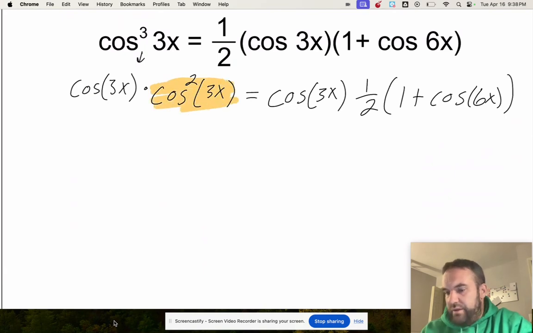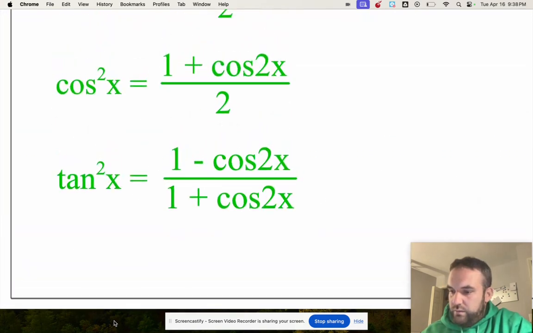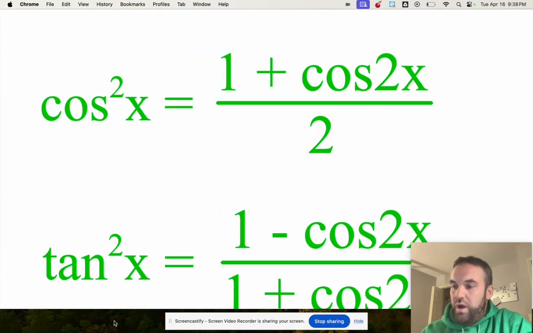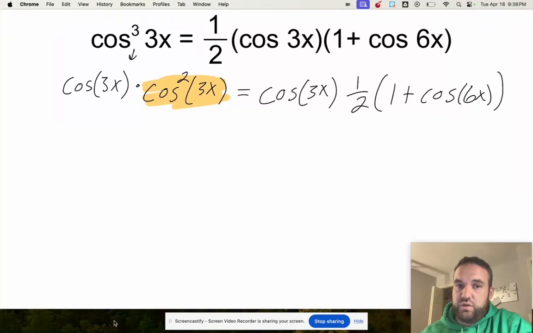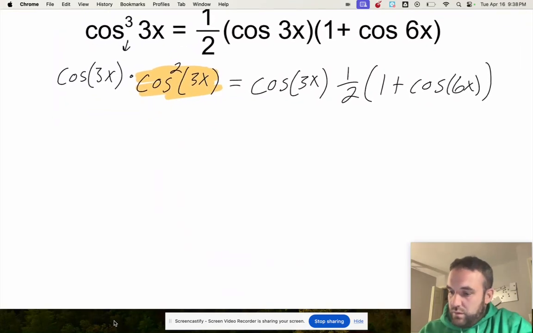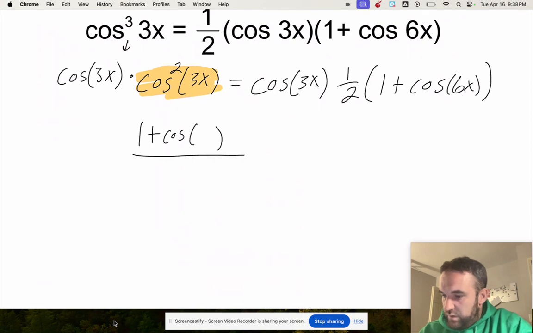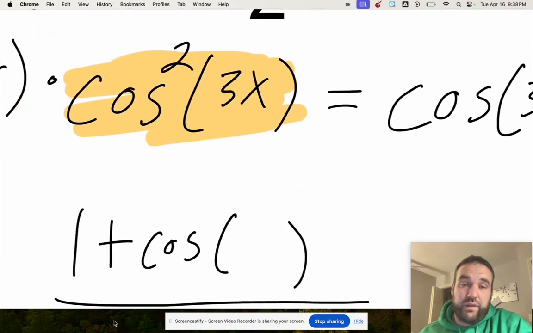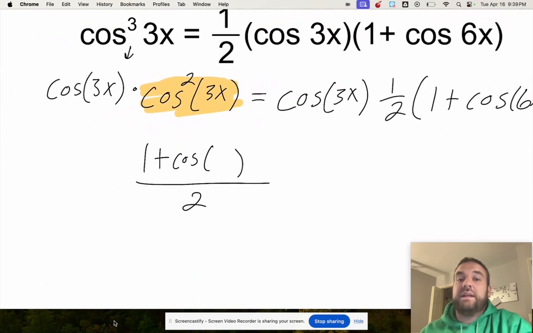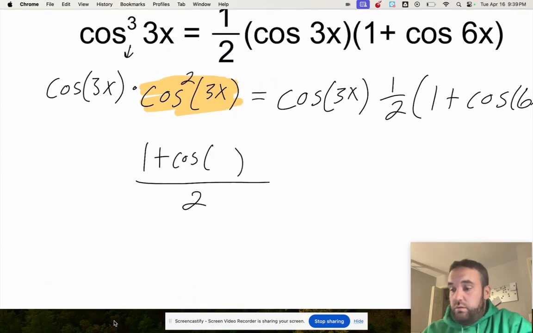If I look back, cosine squared is equal to 1 plus cosine of 2x, so I have to double the angle, and all of that is over 2. So 1 plus cosine of 2x all over 2. But you'll notice the original angle I'm dealing with in the cosine squared is 3x right here.